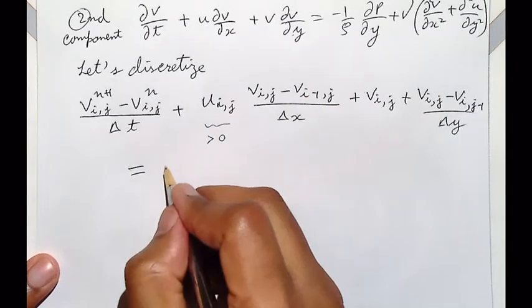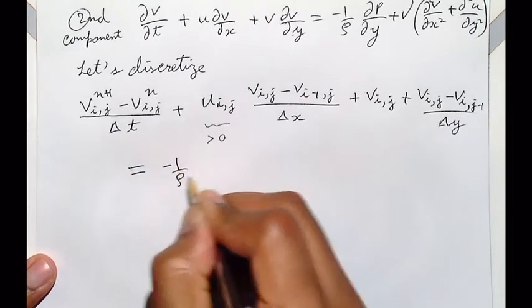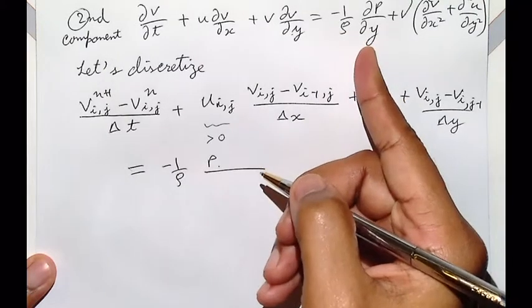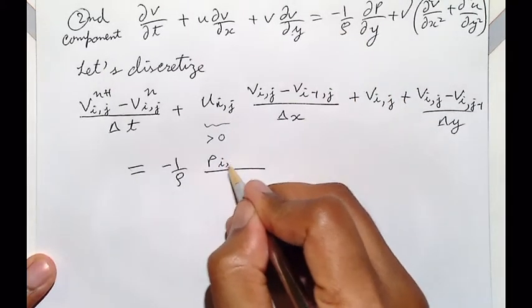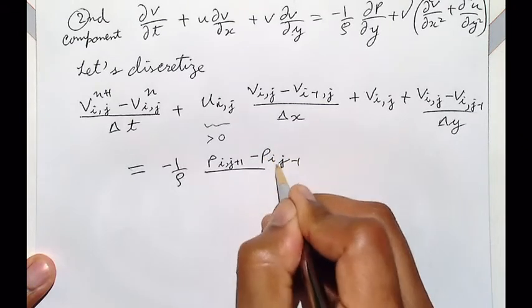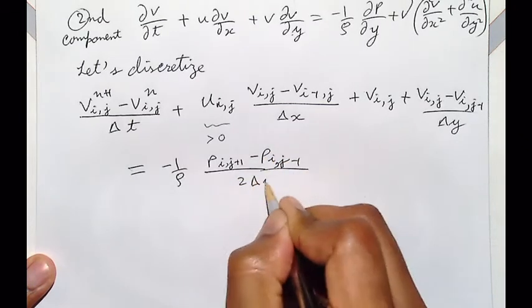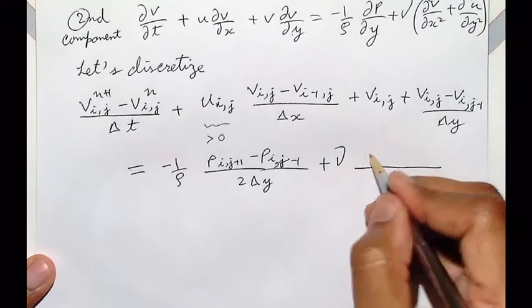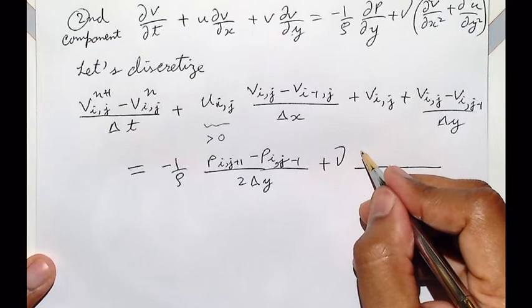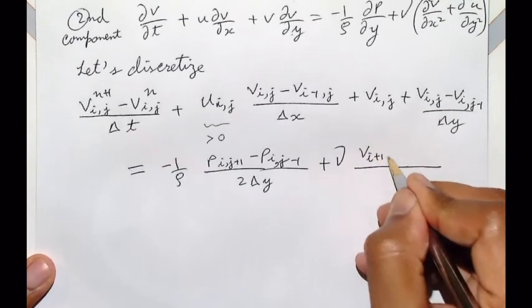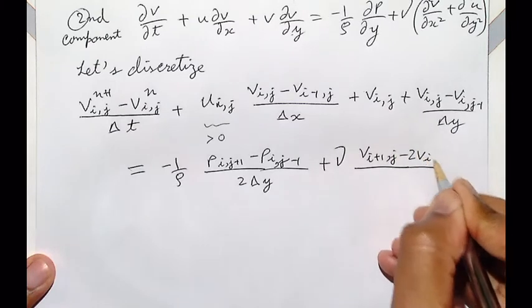And now we have this, which is partially in y, so what should I write? Let's see, I should write j plus 1, j minus 1, 2 delta y, and the last one is V i j minus 2 i j.